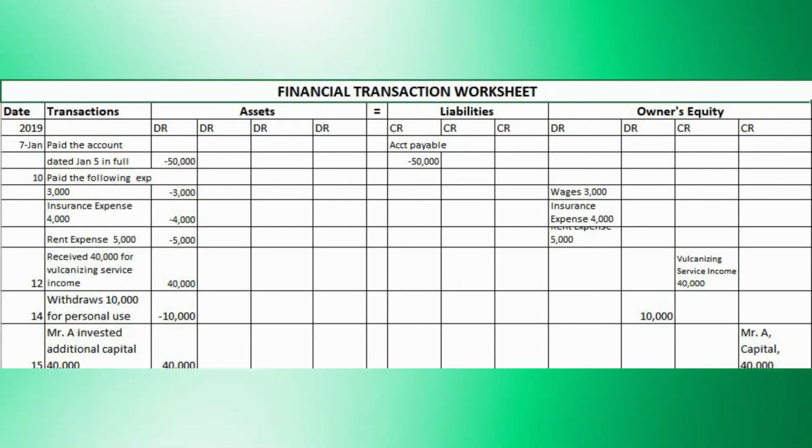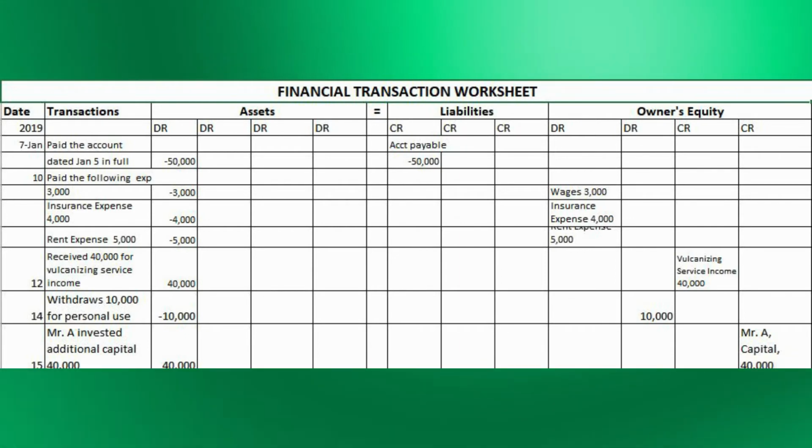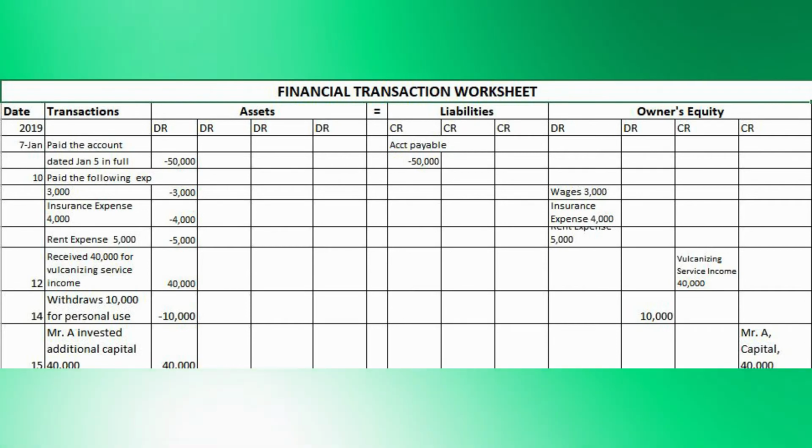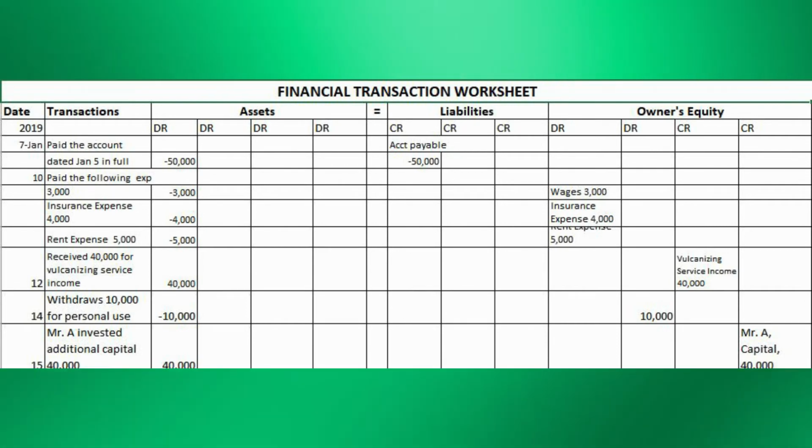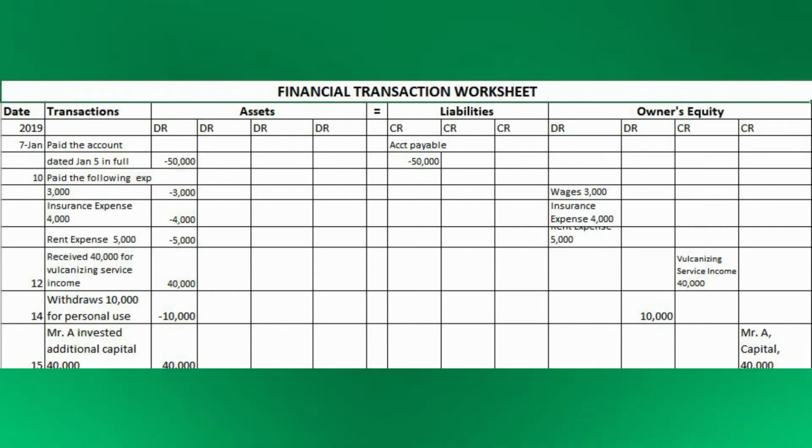What is good in this financial transaction worksheet is that you will be guided on the account titles that you are going to use. So there will be a separate account title for salaries and wages, insurance expense, and rent expense.